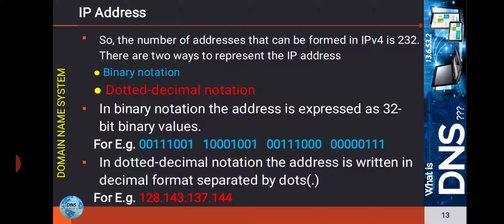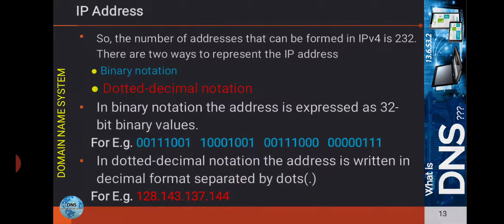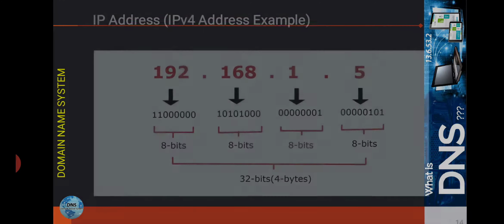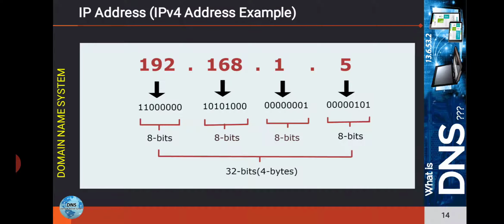So binary notation has binary values, but in dotted decimal notation the values are decimal, separated by dots. This is an example of an IPv4 address. This is the binary value for the decimal values given below, and it is the 32-bit binary address.